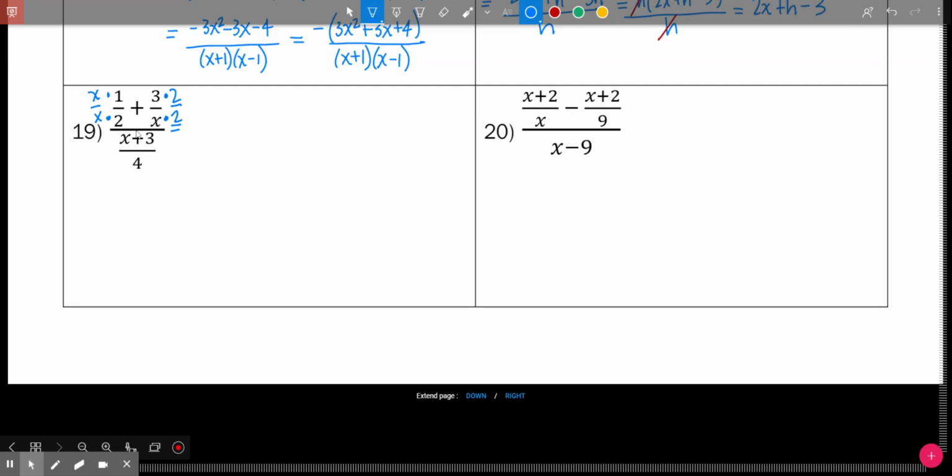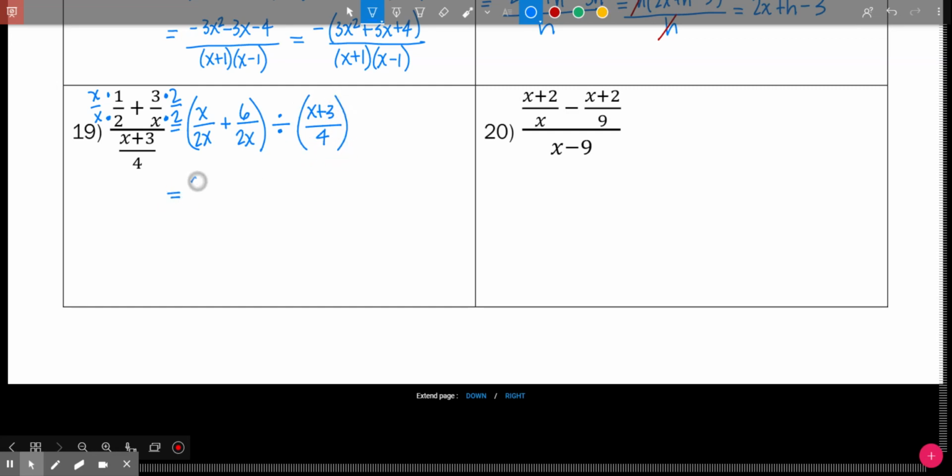So this becomes x over 2x plus 6 over 2x divided by, on the bottom, this is x plus 3 over 4.